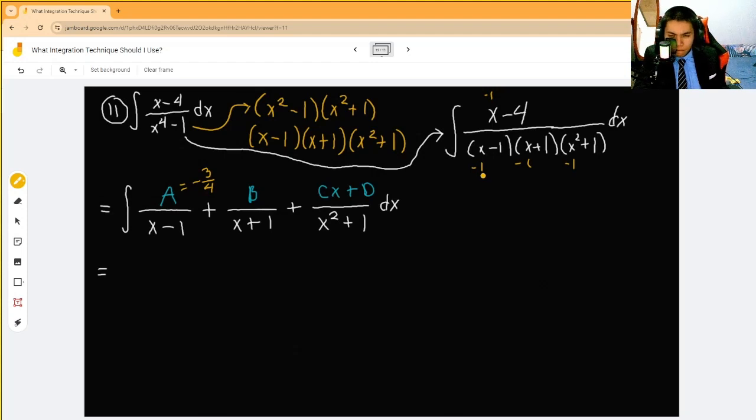Okay, now negative 1 minus 4 is negative 5. Negative 1 minus negative 1, negative 2. Negative 1 squared is 1 plus 1 is 2. 2 times negative 2 is negative 4. Negative 5 over negative 4, positive 5 over 4.